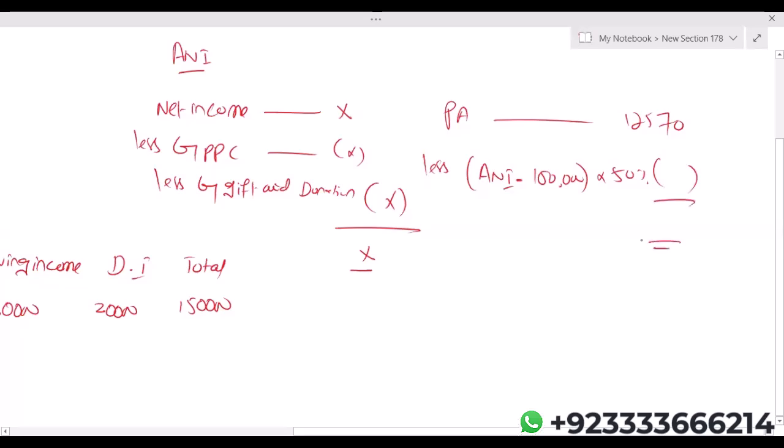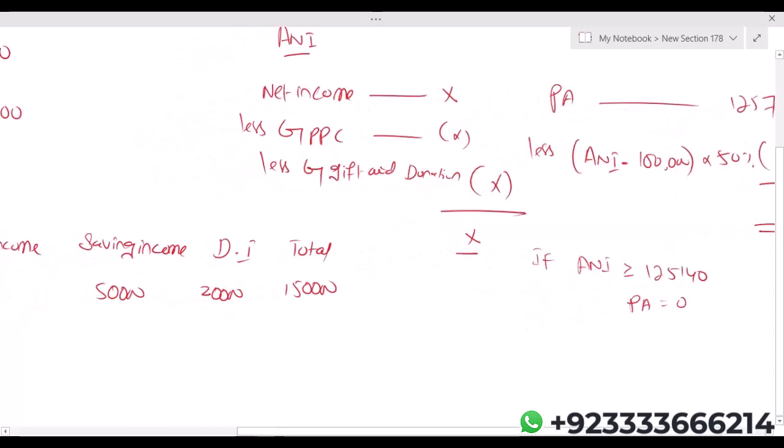But personal allowance will only reduce when adjusted net income is more than 1 lakh. Another thing is, if adjusted net income is greater than or equal to 1,25,140, then your personal allowance becomes zero.